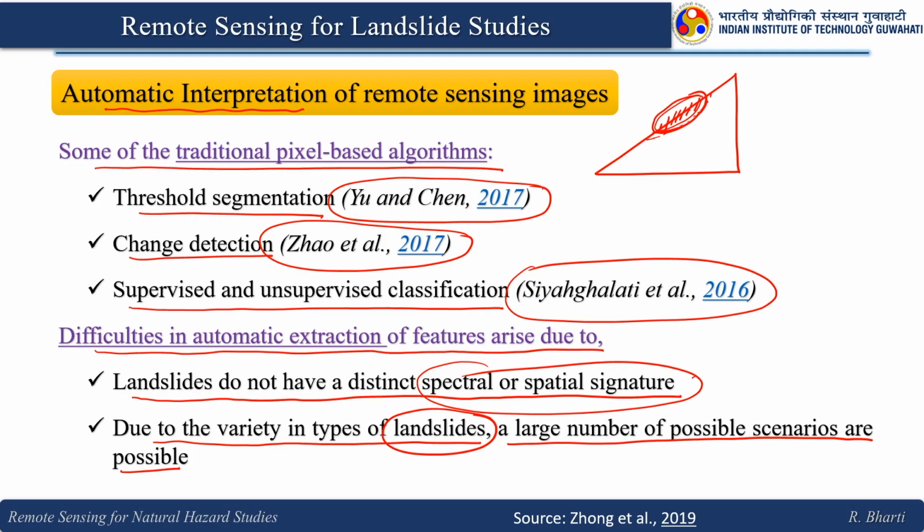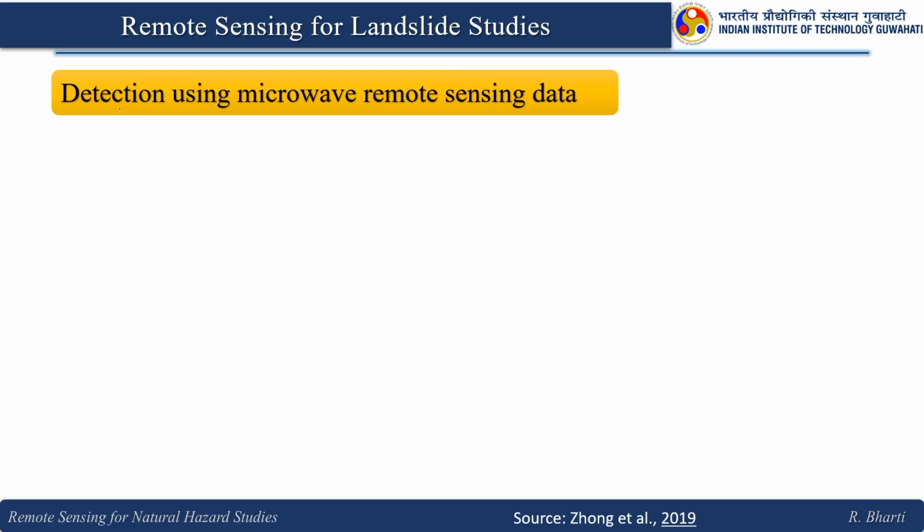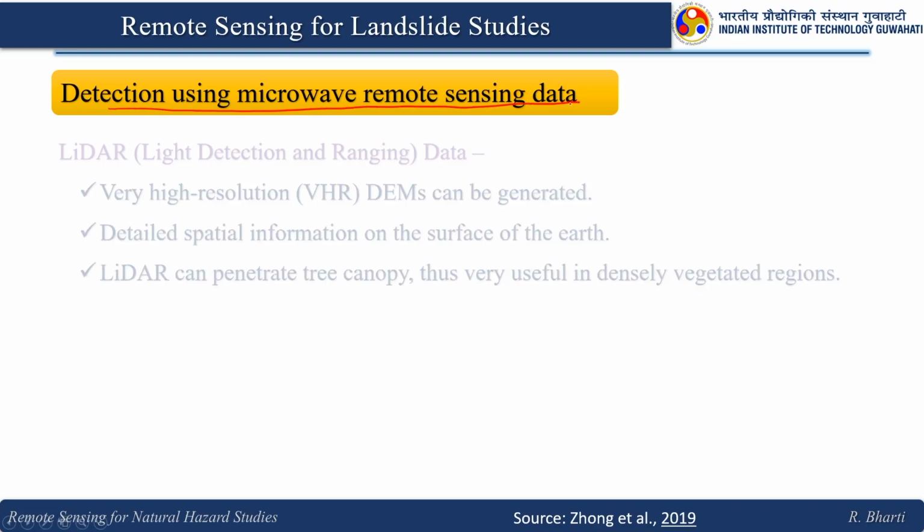But when we are trying to automatically identify or interpret remote sensing images for landslide studies, we have to be very cautious because landslides do not have any distinct spectral or spatial signature. In such a scenario, we have to be very careful, and we should look for the parameters that are influencing them.